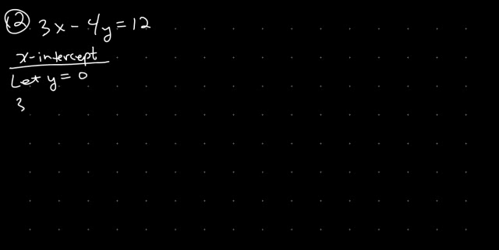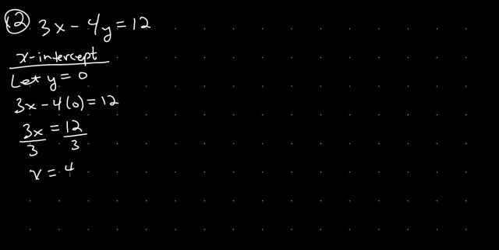So we get 3x minus 4 times 0 equals 12. So 4 times 0 is 0, so we get 3x equals 12. Divide out by 3. Anything we do to a math equation, we must do it to both sides. Always remember that. And that leaves me with x equals 4. And so this gives me the ordered pair 4, 0. Okay?